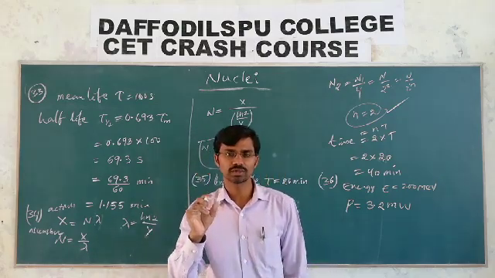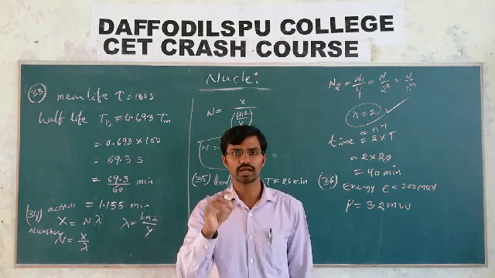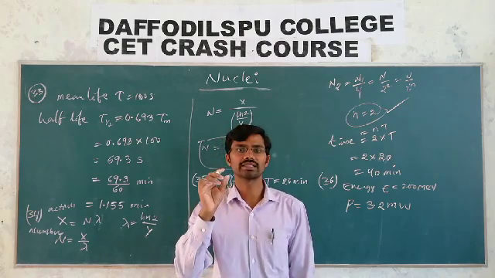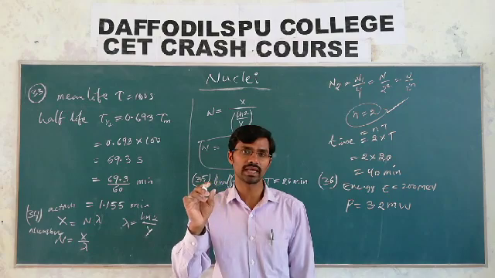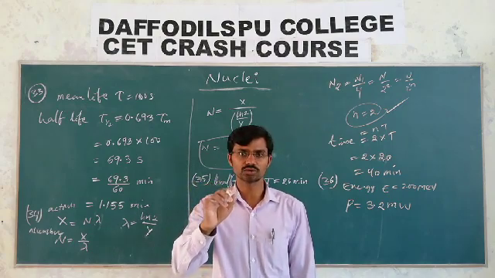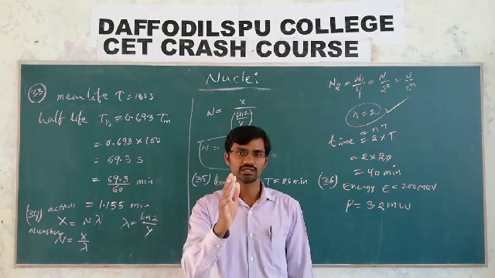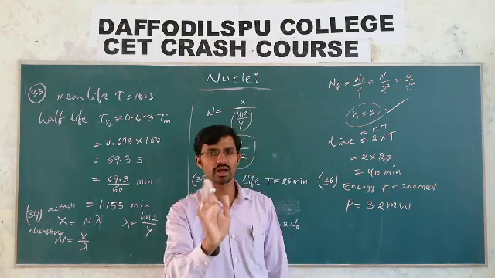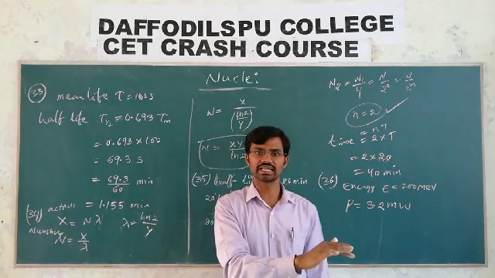The neutrons used in this process are thermal neutrons, with energy 0.025 electron volt. But the energy of neutrons produced in nuclear fission is about 2 MeV, so if the energy is more than that they are not used for further fission.